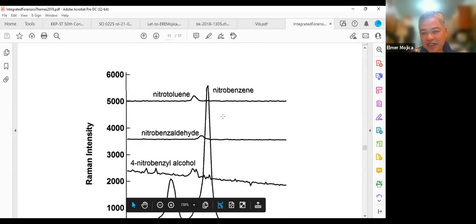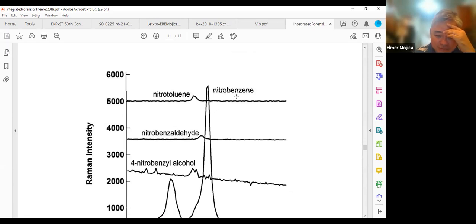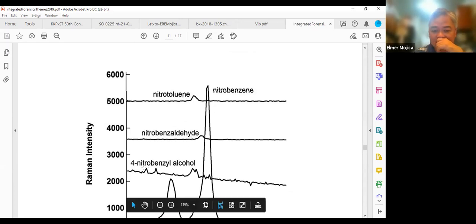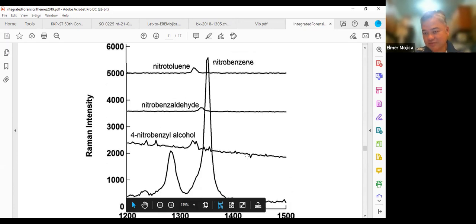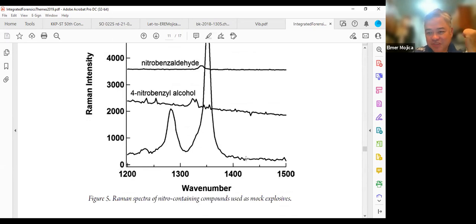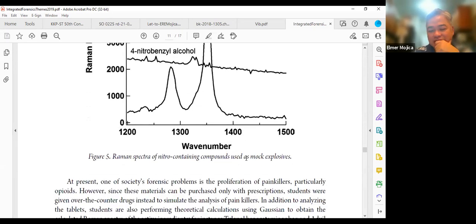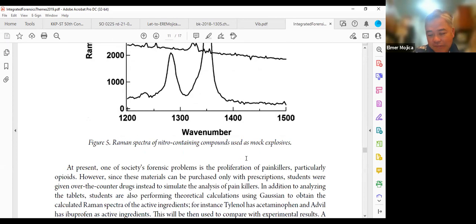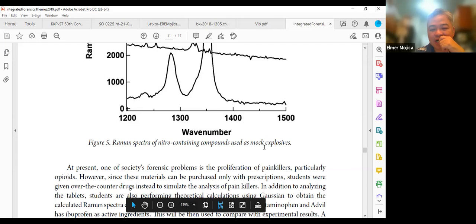Okay, so this high peak is a nitrobenzene. And then we have a nitrotoluene, a nitrobenzaldehyde and 4-nitrobenzyl alcohol. So whenever we ask them to determine if nitro is present, all they have to tell us is the possible presence of explosive or not. Kaya ang tawag nga namin mock explosives because we try to monitor them.